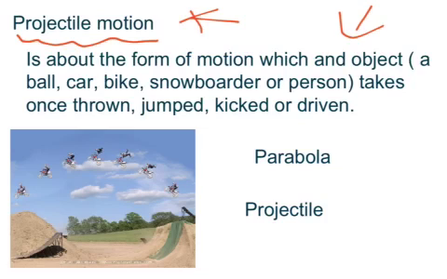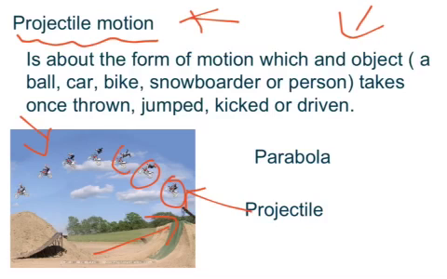Now if we have a look at this image over here, we've got a motorbiker, and he has just jumped off of a ramp just over here, and he is in midair. And there's two parts of projectile motion that we need to know about. First of all, we need to know what the projectile is. So for this example, our projectile is our motorcyclist.